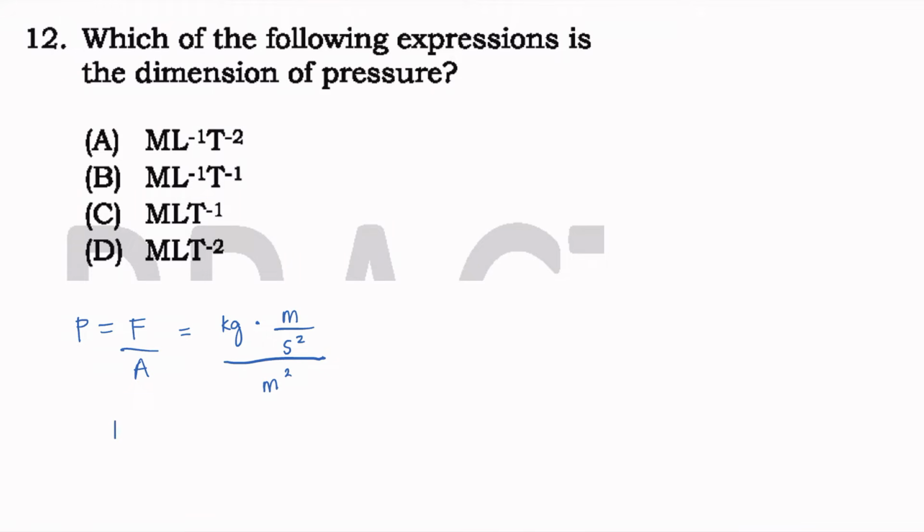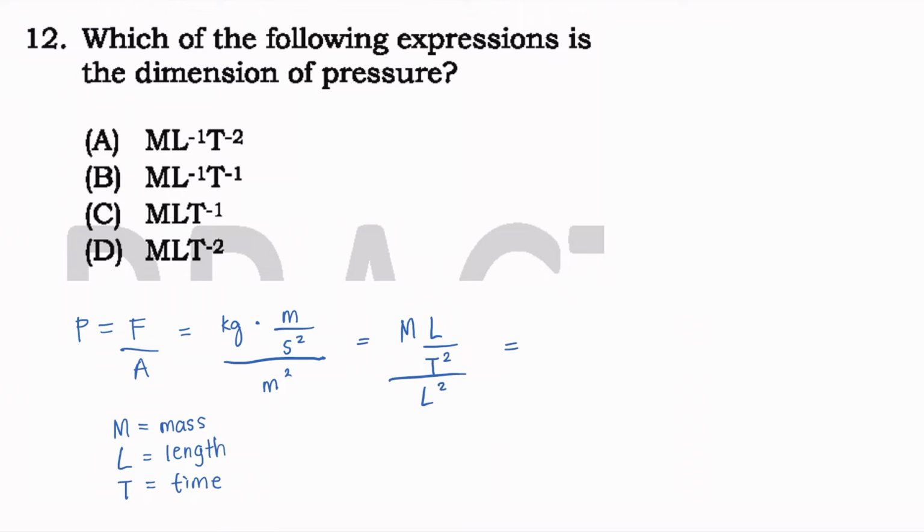So, for this problem, yung M ay yung mass, L, length, yung T is yung time. So, for this units, kilogram is a unit of mass, meter ay length, over yung time squared, all over yung area or yung length squared.